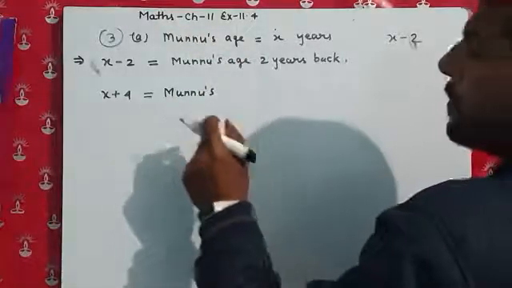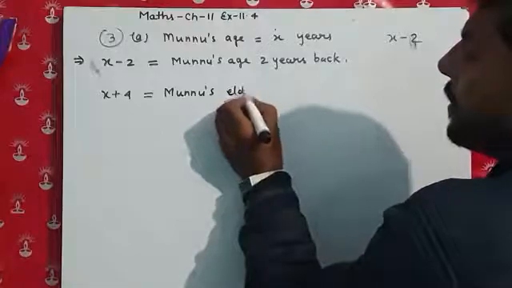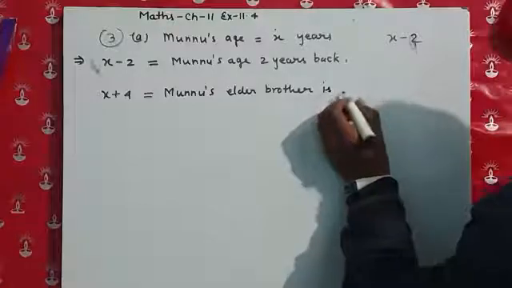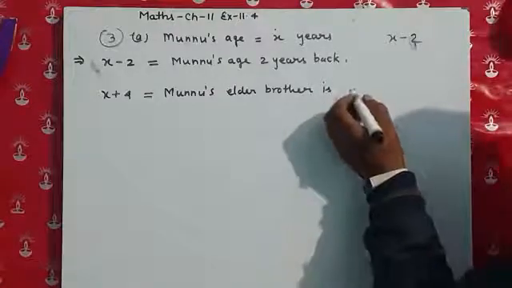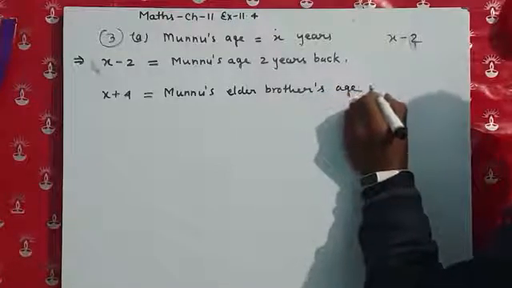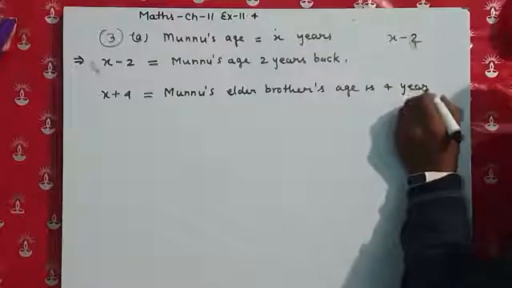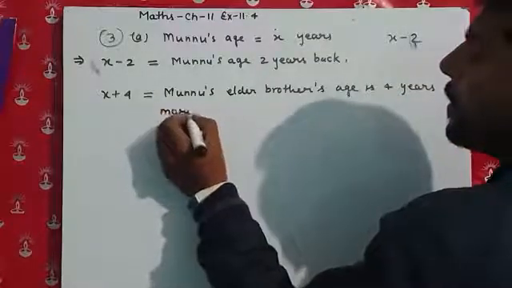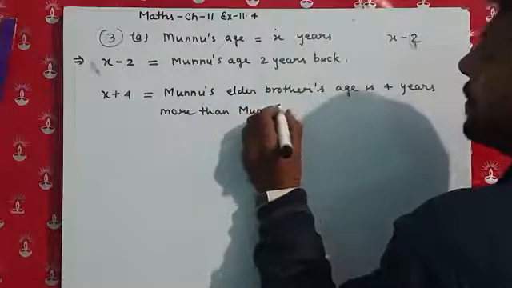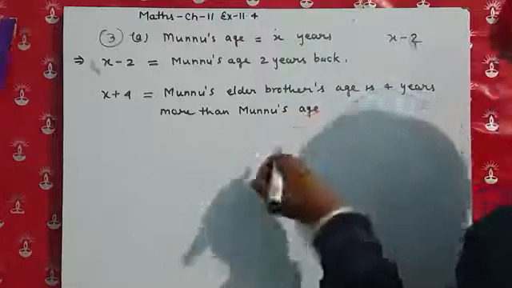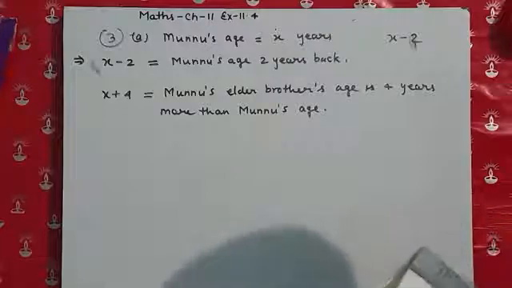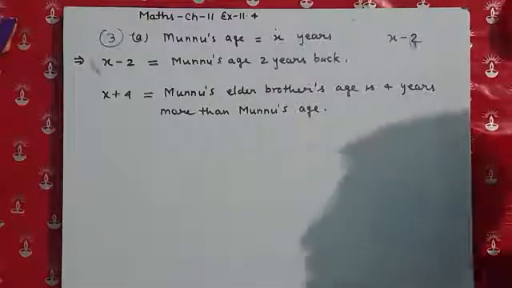Munnu's elder brother's age is 4 years more than Munnu's age. And we can make more statements, it doesn't matter, it depends on your choice. So the same thing you have to do in the remaining parts.